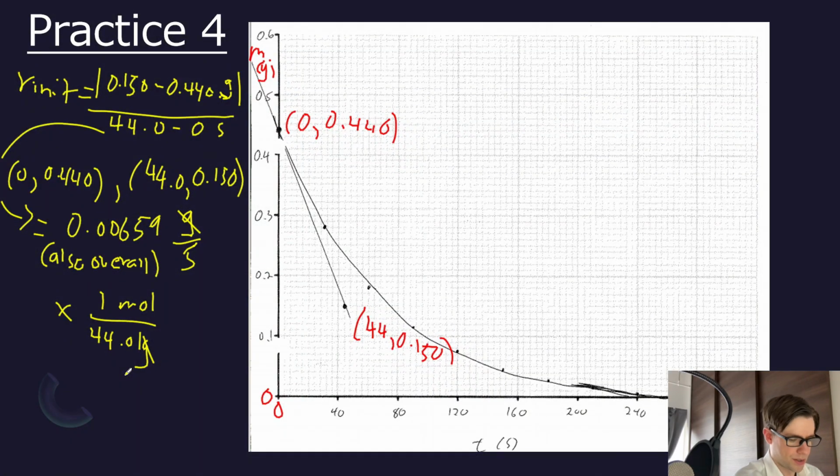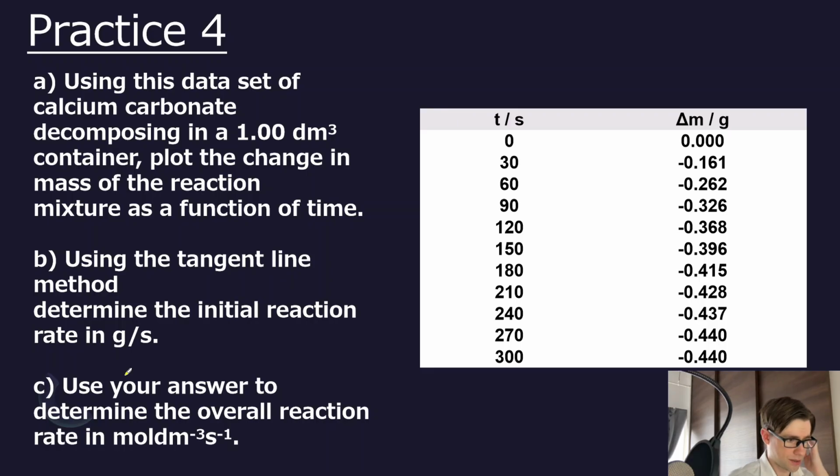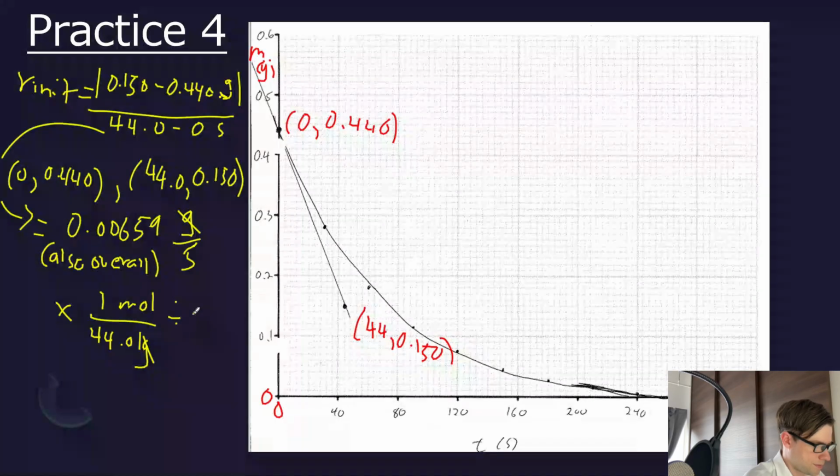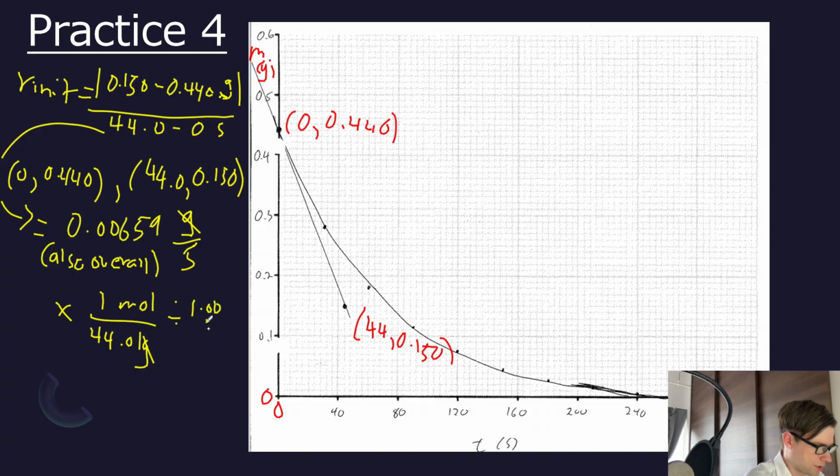And then if we look at the previous slide, we also had, this is done in a 1 decimeter cubed container. So we can take that as our volume. We can just divide by 1.00 decimeter cubed, which doesn't change anything.